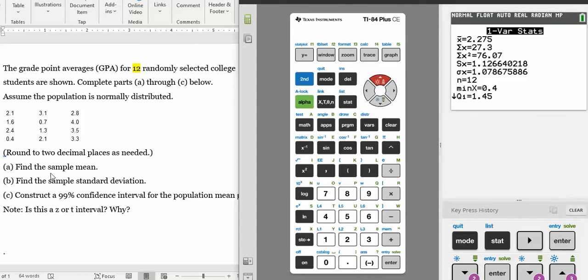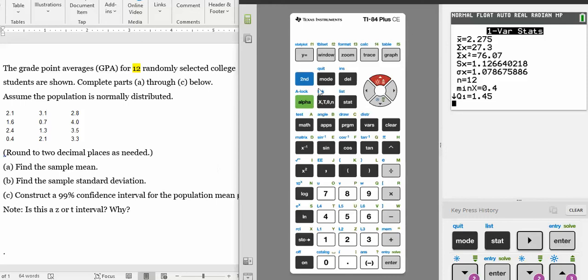Since our data is a sample, we're going to use the Sx here. Rounded to 2 decimal points it is 1.13. Okay, the third digit is 6, so you round it up. 5 or above, you round up. So that's regular rounding.